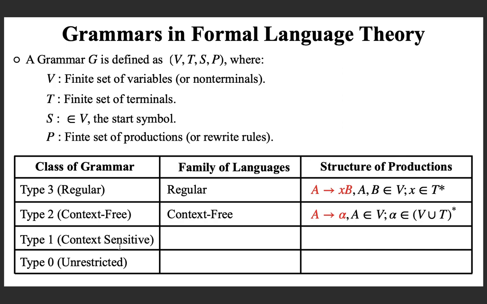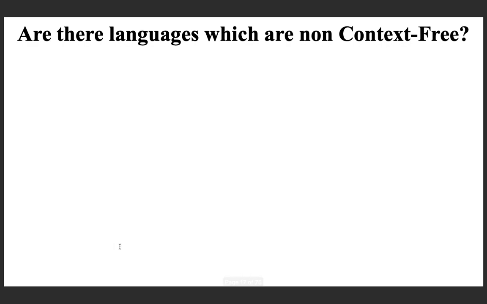The next one in the Chomsky hierarchy that we are going to learn in this lecture is context sensitive grammars, which are also known as type 1 grammars. That is the topic for today.